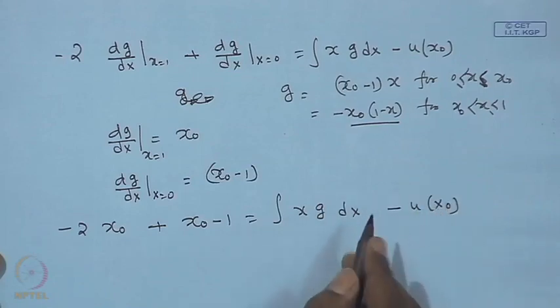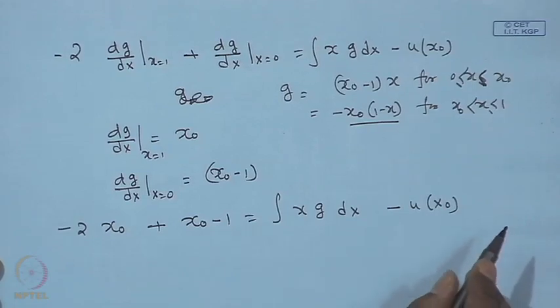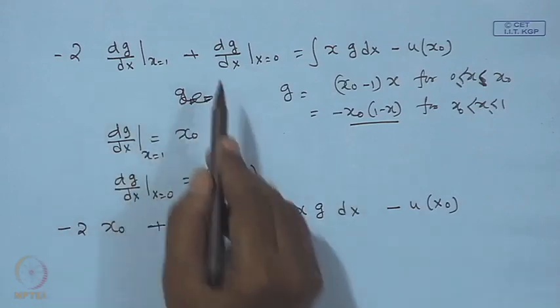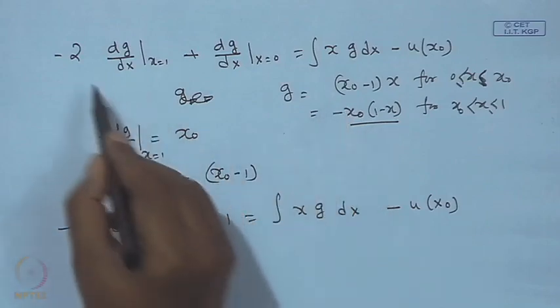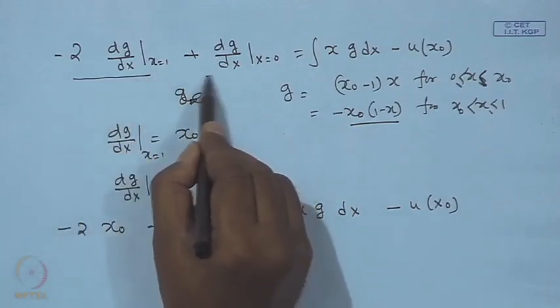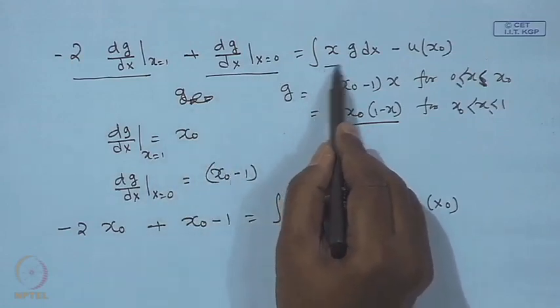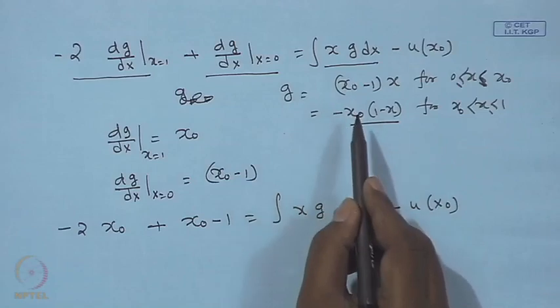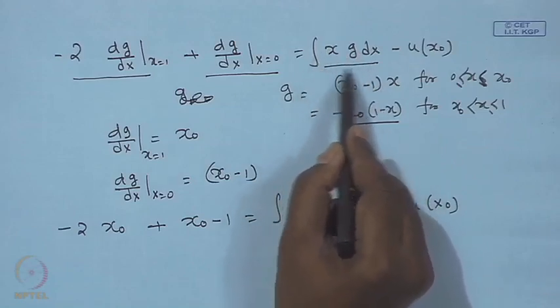So, you can observe that there are 3 sources of non-homogeneity in this governing equation of u. There are 2 non-homogeneities present at the 2 boundaries and 1 non-homogeneity is present in the governing equation. So, while two terms of the bilinear concomitant are not 0, since you will be having a non-homogeneity in the governing equation, therefore you will be having a term which will be an integral.